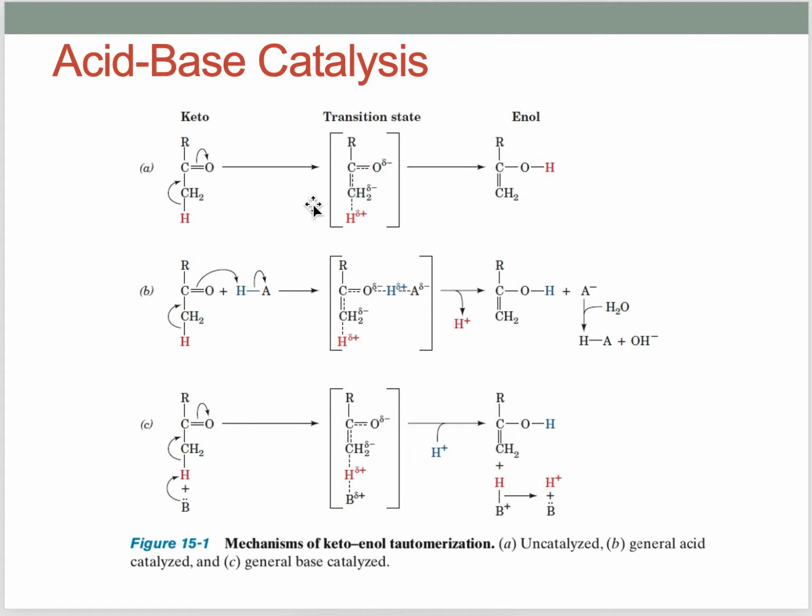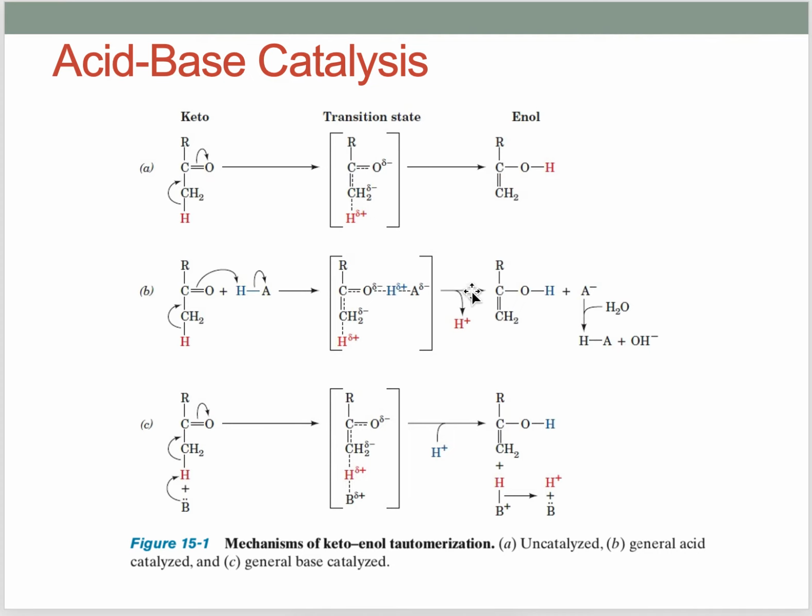If the reaction occurs in an uncatalyzed way, so no catalysis, in that case what happens, to become enol from keto, these changes are necessary. What changes? If you look at the structure of keto and enol, keto is R-CO-CH2-H, and enol is C(OH)=CH-R.